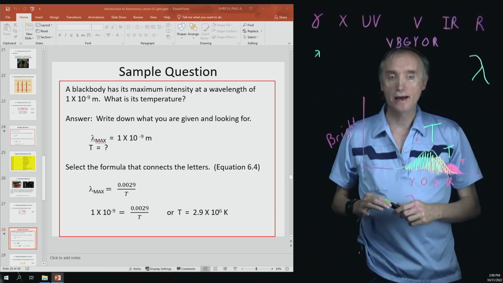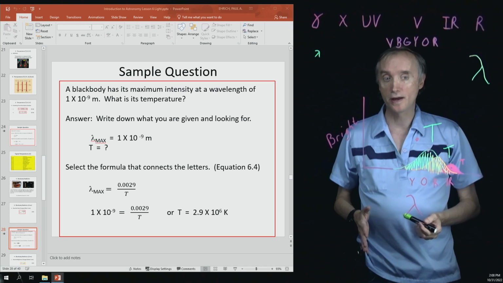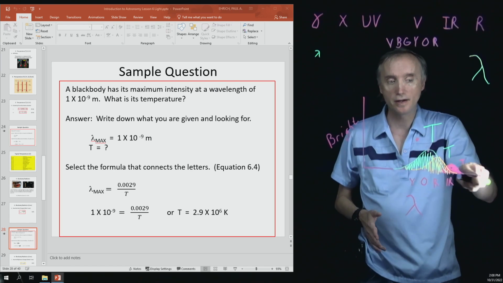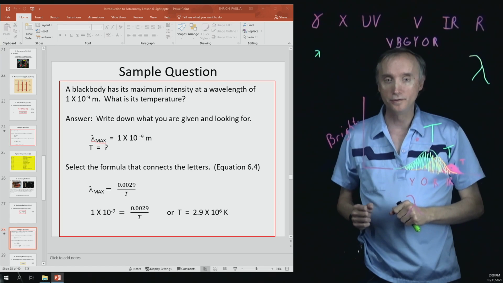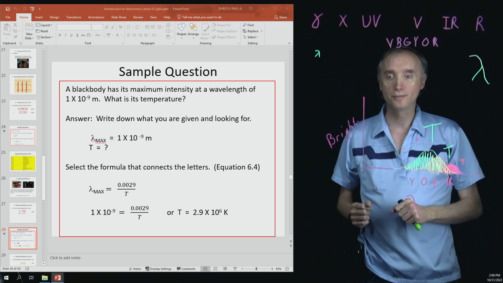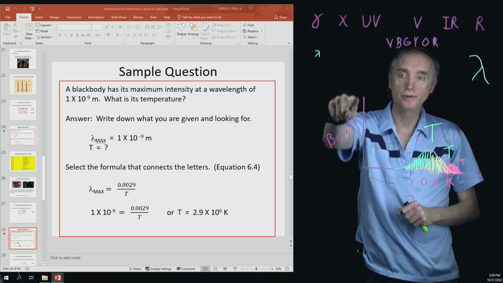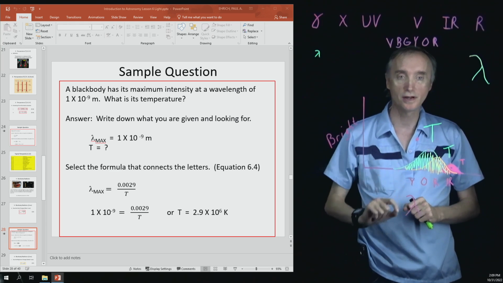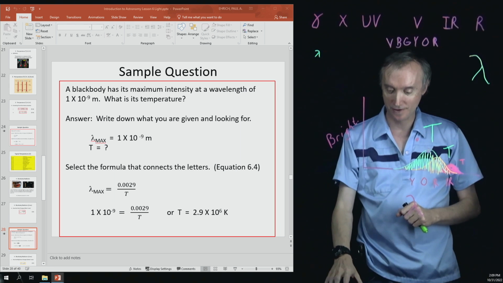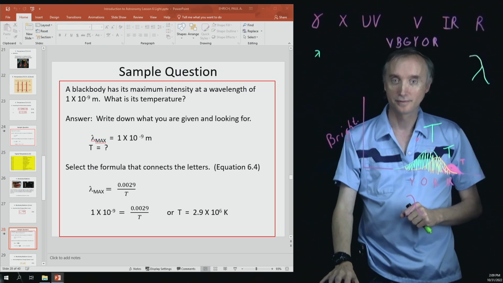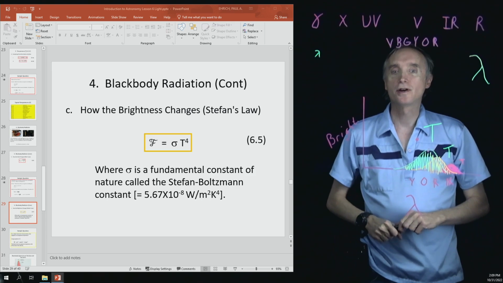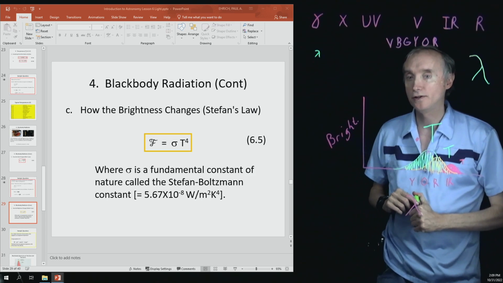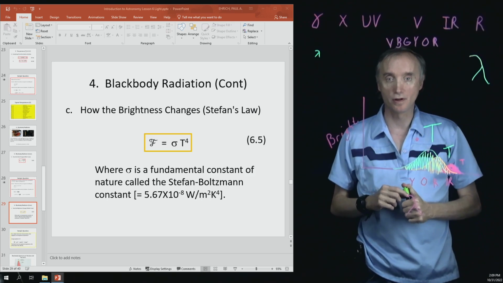So we now have a formula that relates the sideways part of the graph to the temperature. I wonder if there's a formula that would relate the up and down part to temperature, and yes, there is. So how does the brightness change? That's given by Stefan's law.